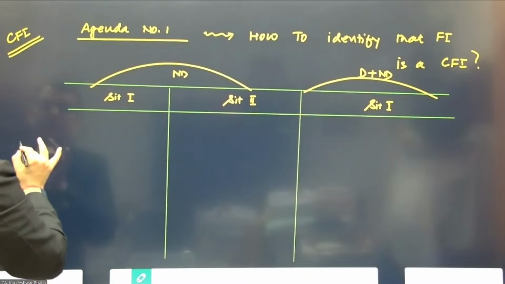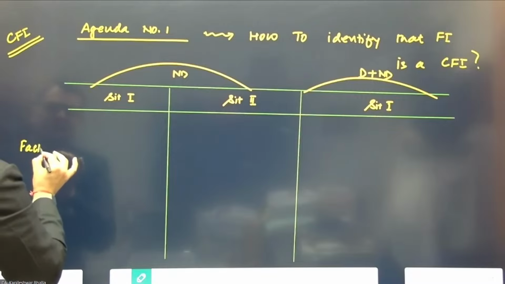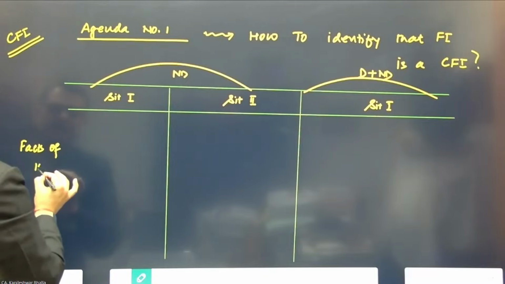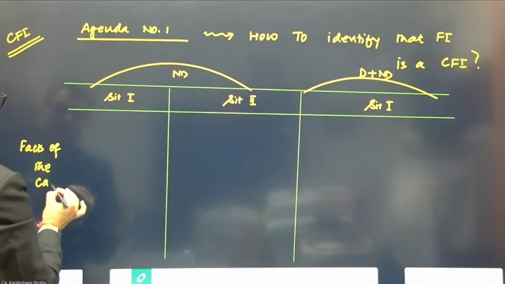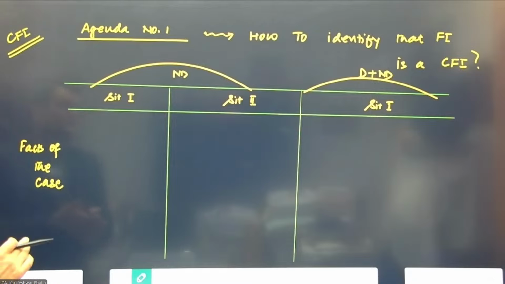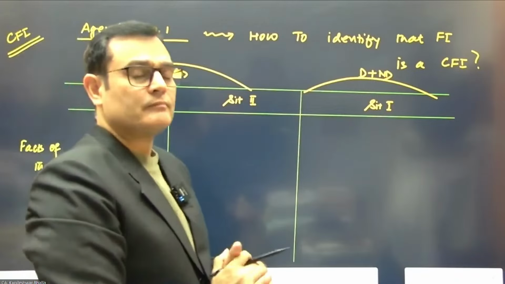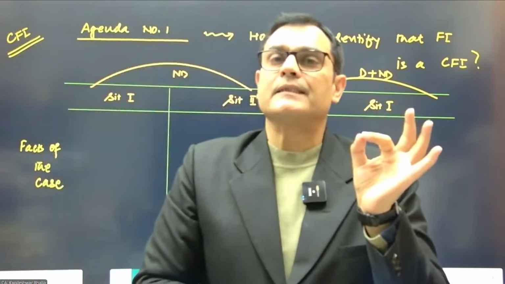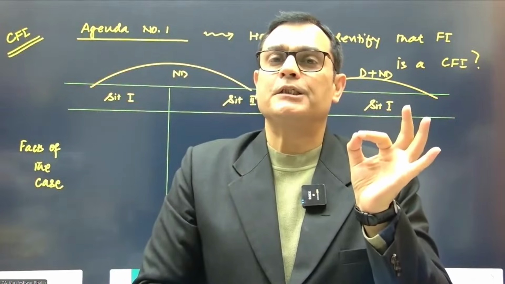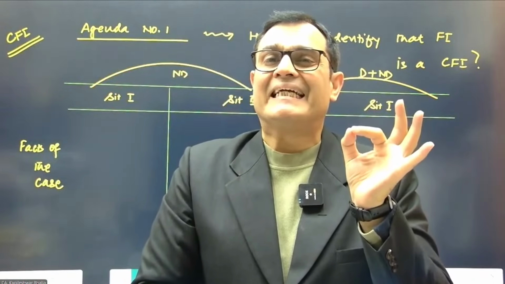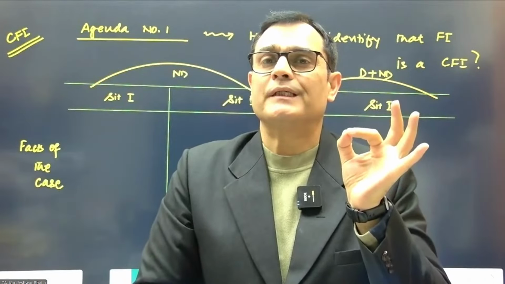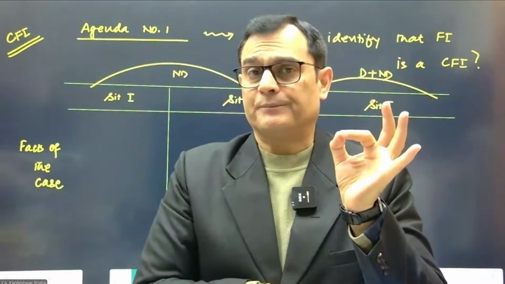So let's give you some inputs at this stage. I'm going to give you some facts of the case and you have to decide. I'll give you the facts of the case and you will decide whether it is supposed to be a CFI or not. Let's consider a company issued a mandatorily convertible instrument. Please apply your thoughts carefully.